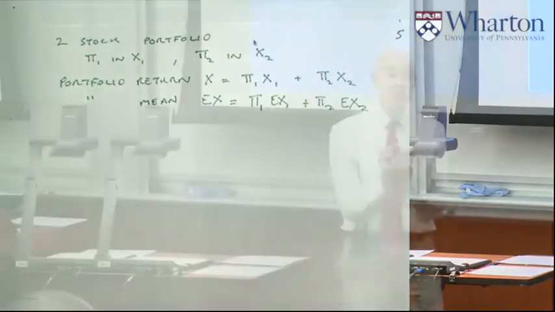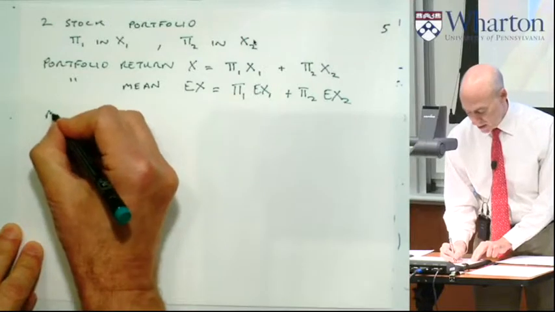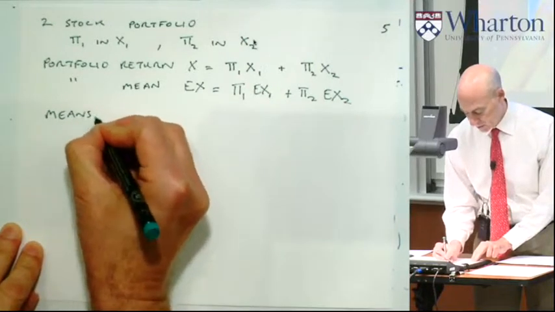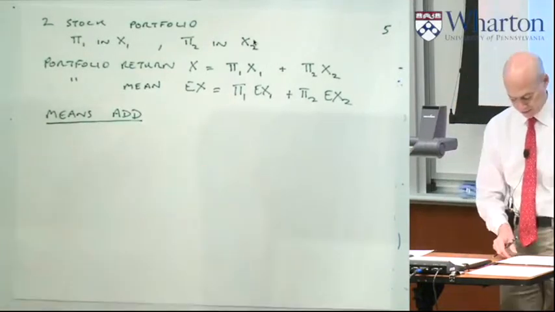So if we want to find the mean of a portfolio, we just take a weighted average of the means of the stocks. In other words, we say that means add. So that's a very simple case.